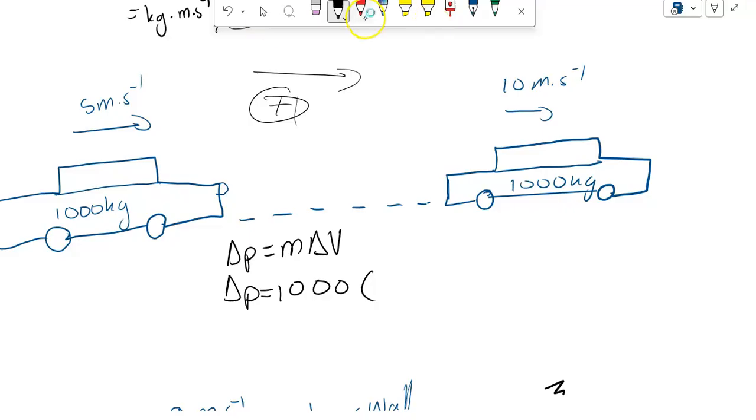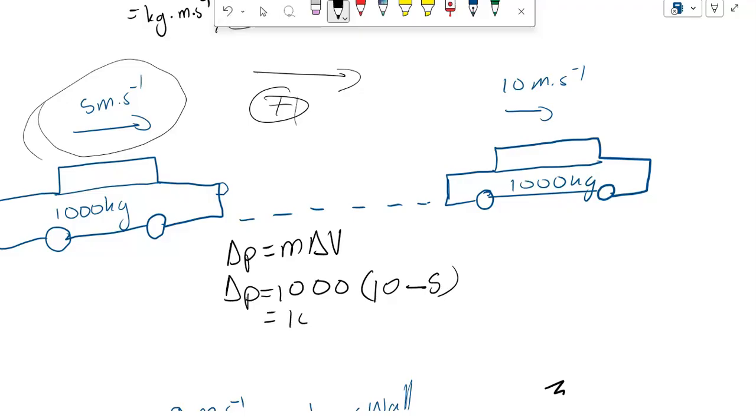So my final velocity is 10 meters per second and my car was still moving towards the right. So this is just going to be positive 10, minus, my car was moving in the right direction initially, at a speed of 5 meters per second. So this is just going to be 5.